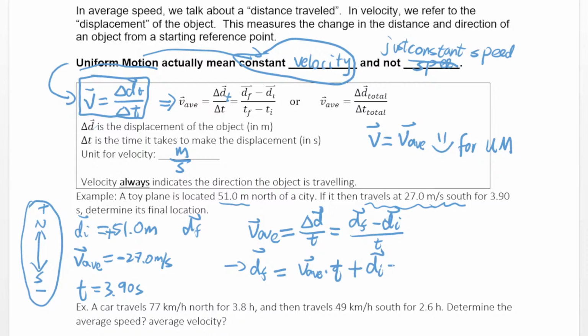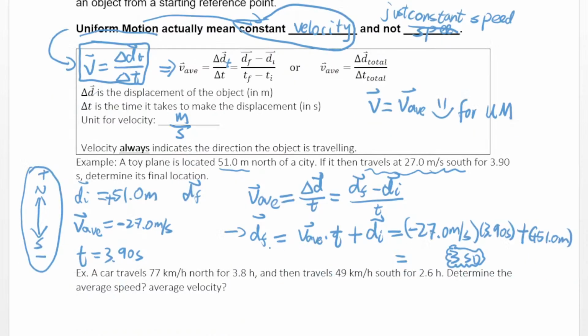And then we have everything, so we're done. So V average is negative 27.0 meters per second times 3.90 seconds plus positive 51. I don't have a calculator, I cannot do this in my head, so whatever that is, it's the answer. Because it's mixed operation, just remember it should have 3 sig digs. All right, and that is how you can use this formula.